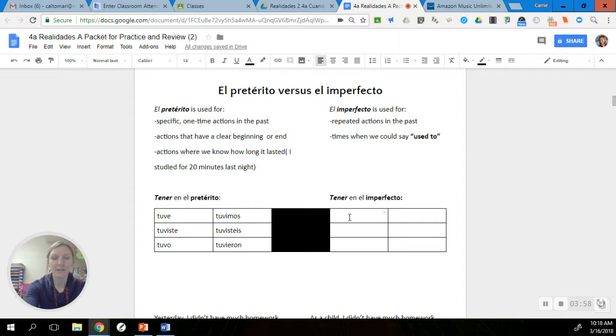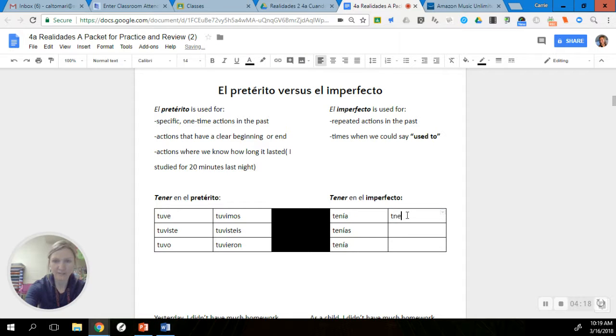Tener en el imperfecto is tenía, tenías, tenía, again, so these are the same, the yo form and the usted ella form. So you're going to have to make sure you're using your yo or él ella or a pronoun with these so we know which one you're talking about.